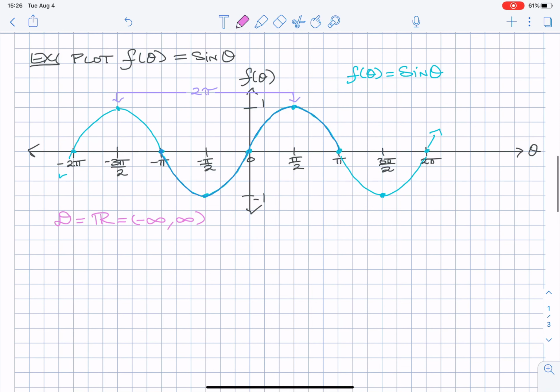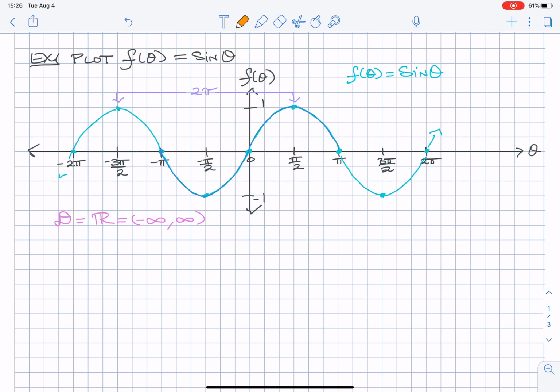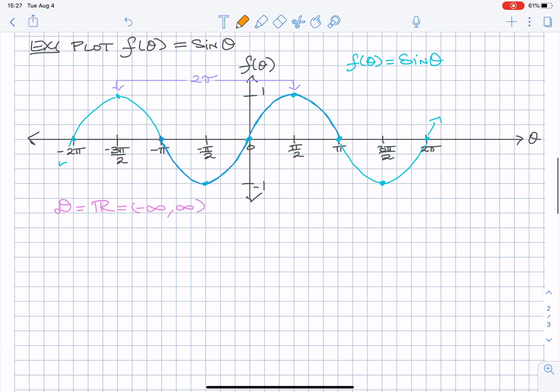However, the range, if I look at the range of this function, what color shall I use for the range? Let's use orange. Notice that the highest value we get is 1 on the vertical axis. So the range has a highest value of 1 and a smallest value of -1.